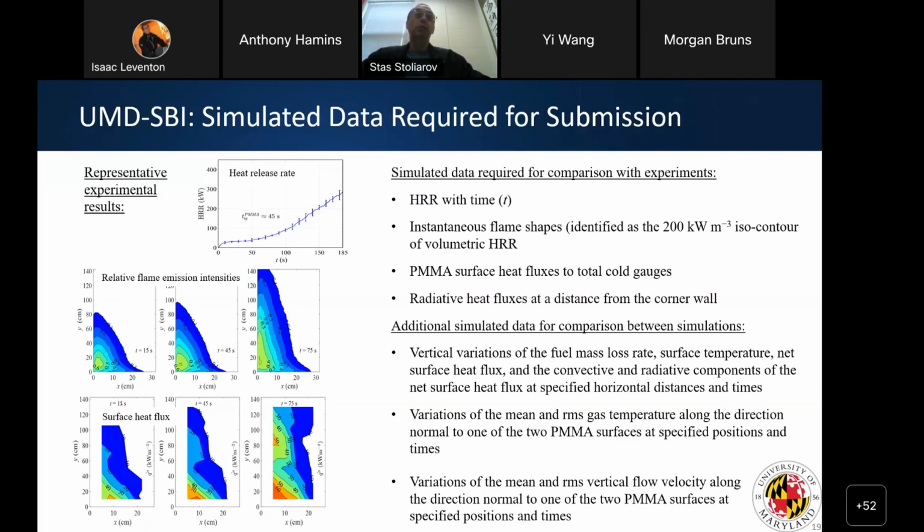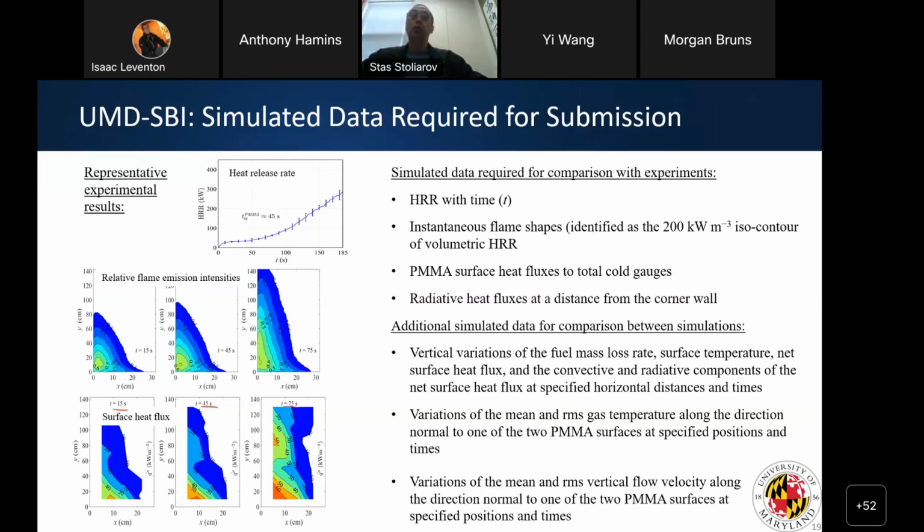And the figure in the middle shows you the intensity reading from the infrared 900 nanometer camera that we collected at the same time. Both are projections onto the surface of a given panel, because our system is symmetric with respect to the corner. They are identical on each of these sides. So these are the key data that you can compare with experiments.